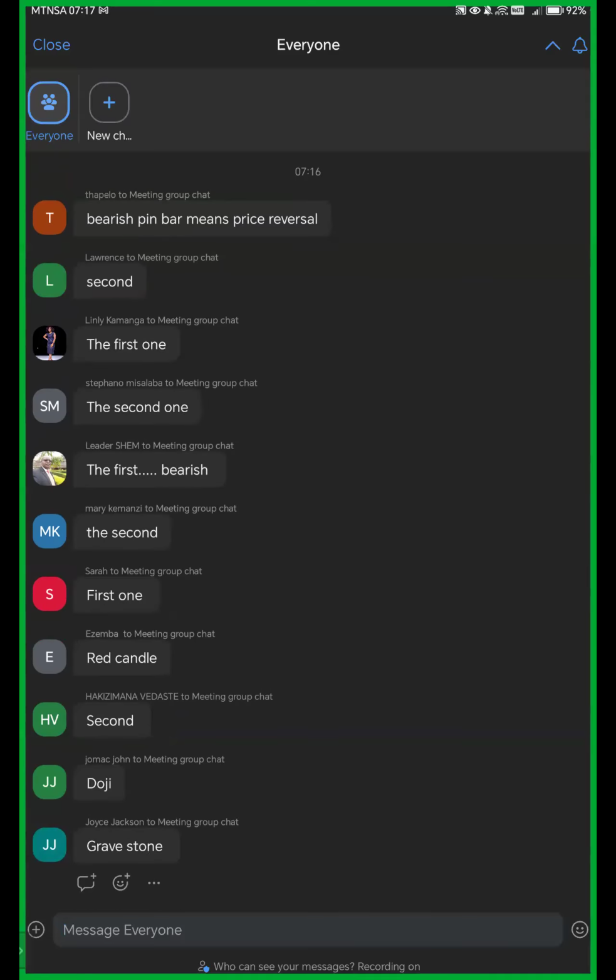The first one is a pin bar or a shooting star, the opposite of a hammer. Okay? Yes, Joyce, that is a gravestone doji, right? The first one is a pin bar, just like the rest of the answers are.